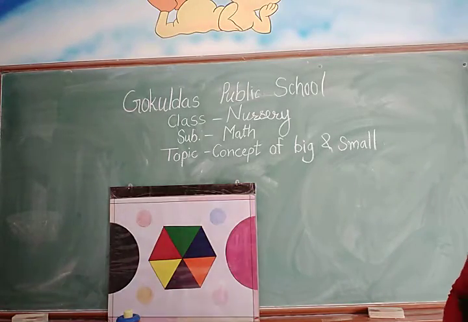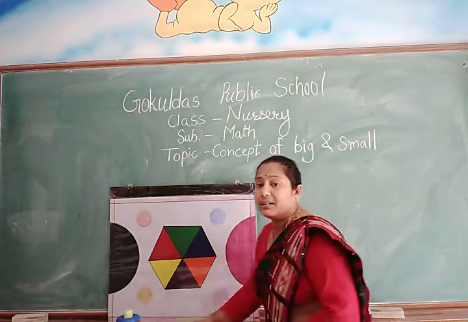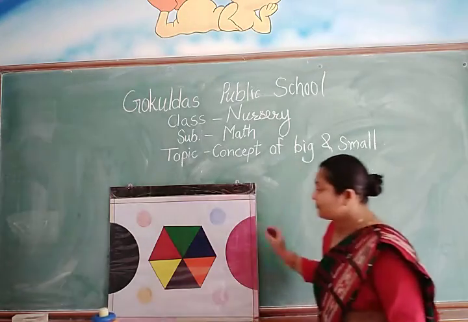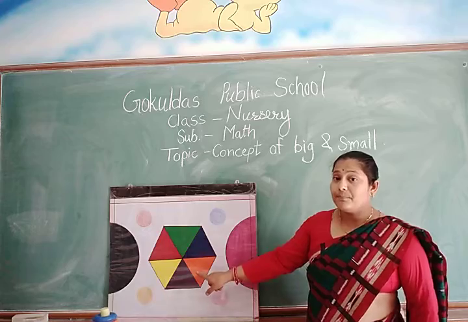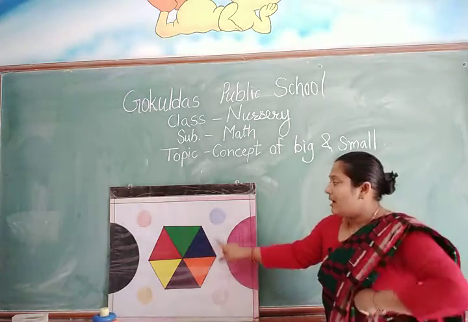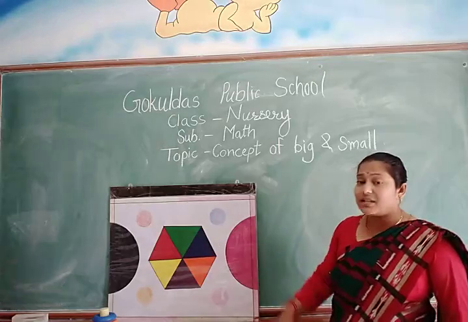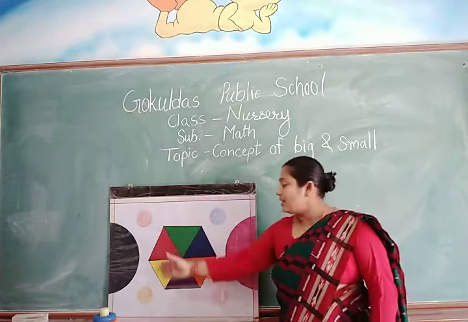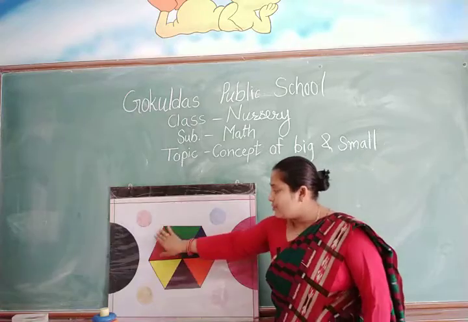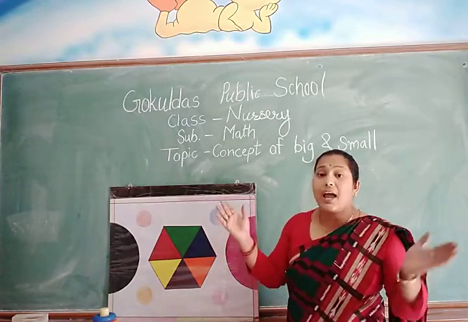And see here, this shape. Big shape, big picture and small picture. See here, this shape is big. ये जो shape है यहाँ, ये कैसे है? Big.